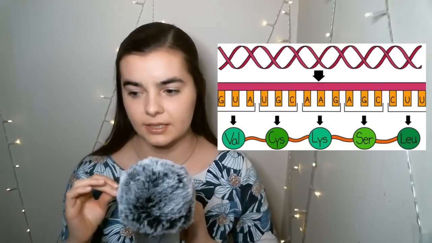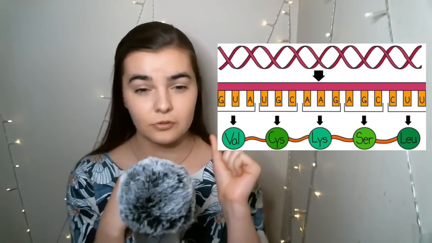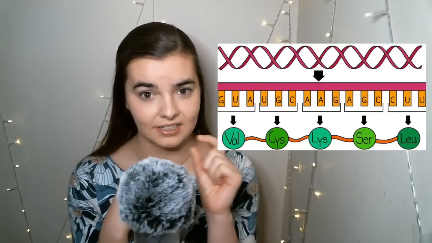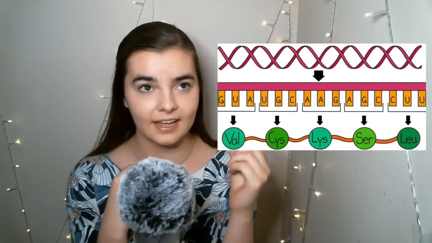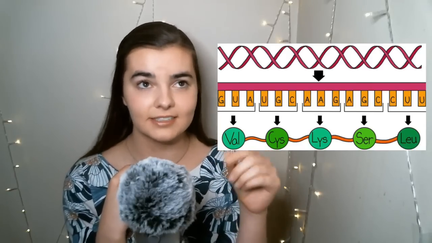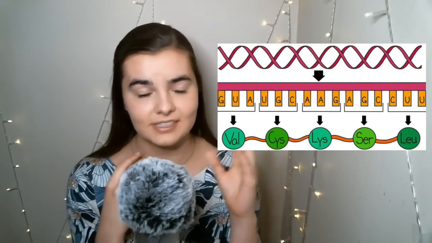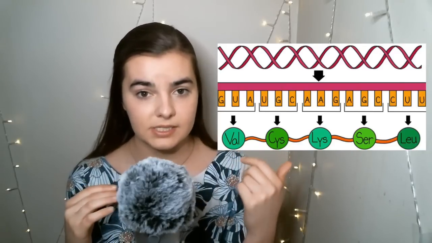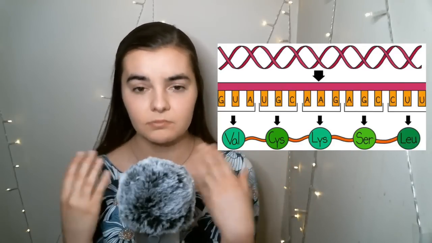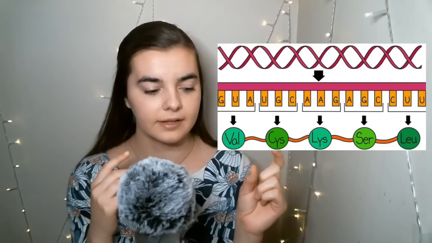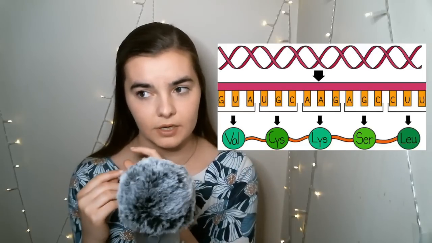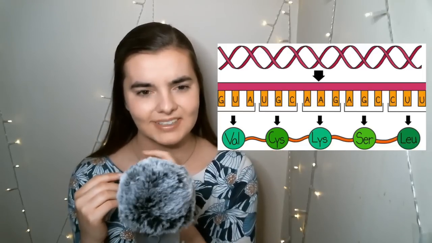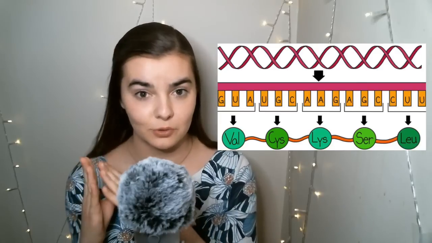So basically, each 3 nucleotides in your DNA, A, T, G, C, T, A, G, T, C, whatever, each 3 codes for a specific amino acid. And amino acids are the building blocks for proteins.